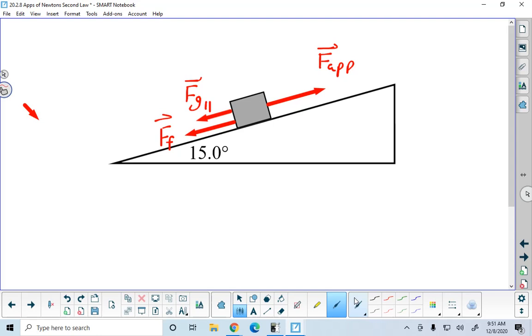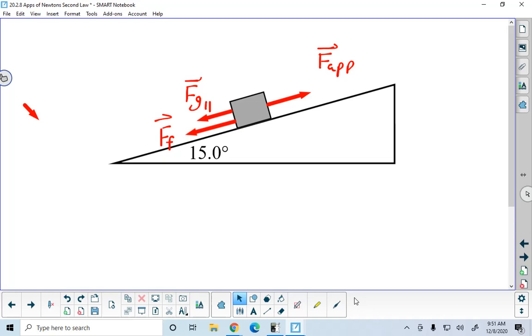Look at the lengths of these arrows. Look at the length of this arrow, which is the parallel component of gravity. Look at the length of this arrow, which is the force of friction, and look at the length of this applied force. Would I be successful in moving the box up the ramp?